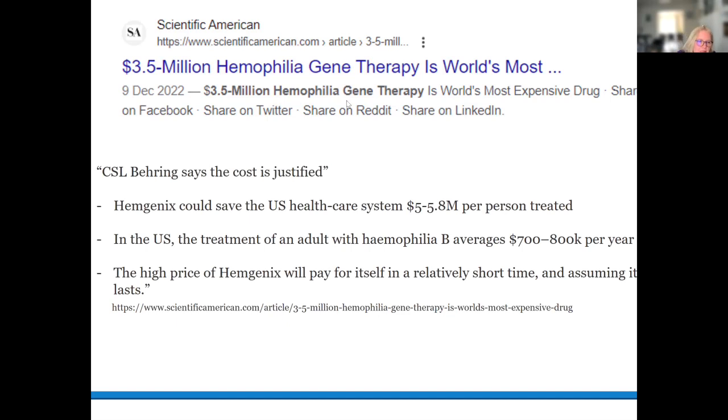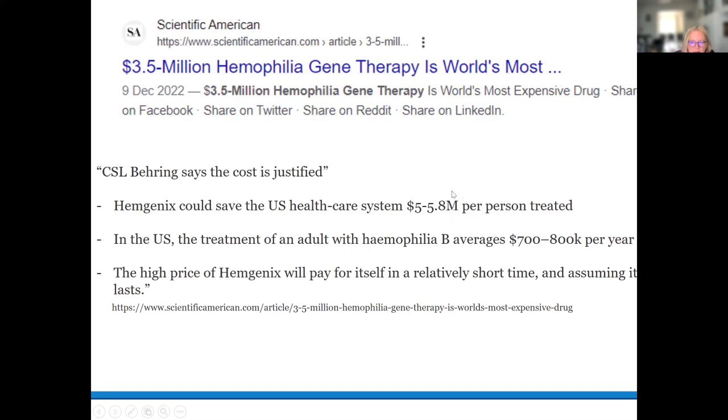So the company that generated this drug is CSL Behring, and they said that even though the drug is very expensive and costs $3.5 million, over the lifetime of the patient, the drug saves the US health system roughly $5 million per person.